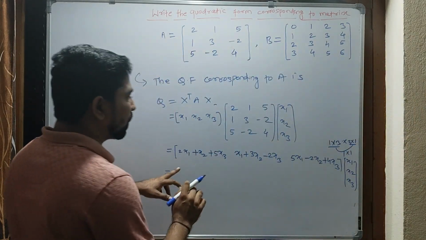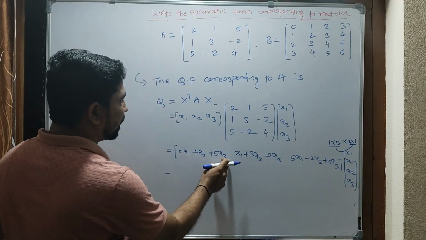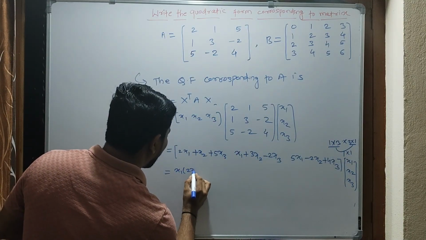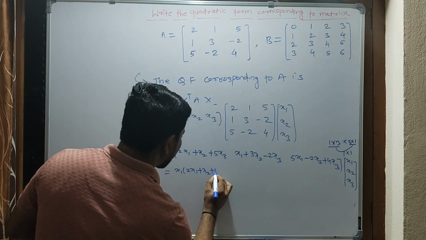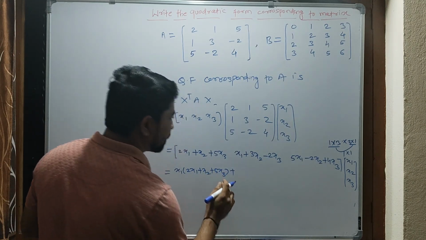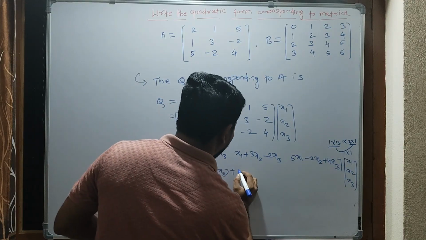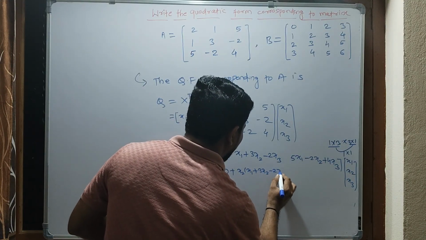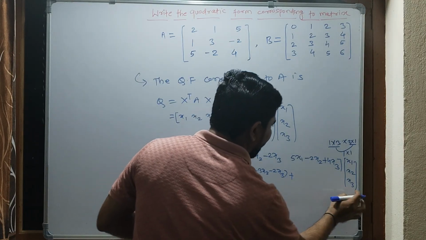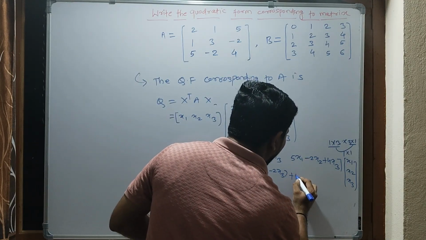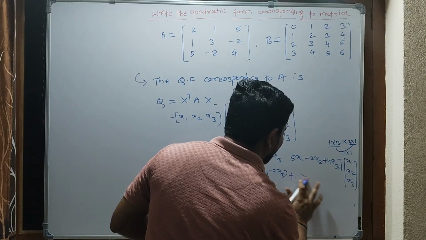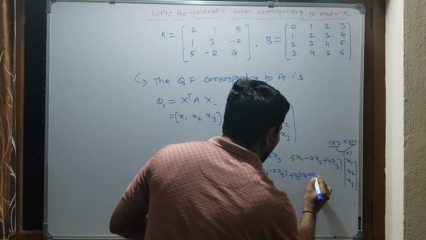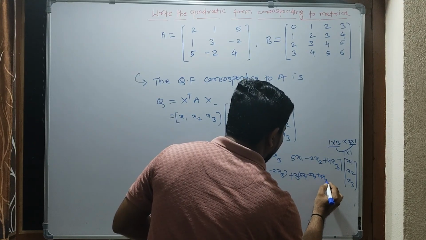Element-wise, multiply x1 with 2x1 plus x2 plus 5x3, plus x2 with x1 plus 3x2 minus 2x3, plus x3 with 5x1 minus 2x2 plus 4x3.